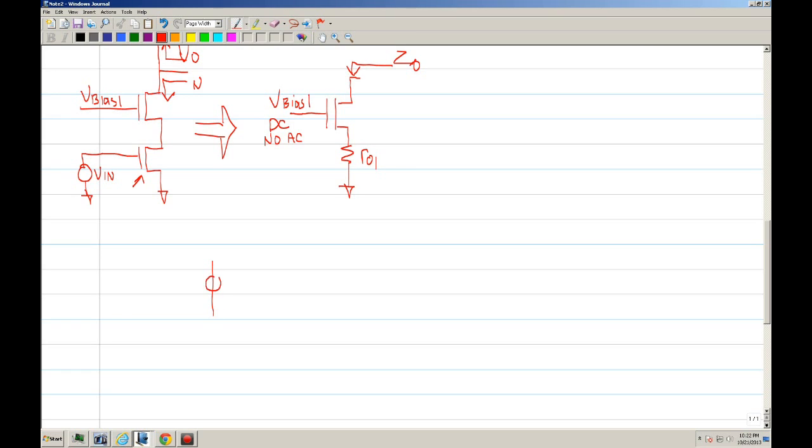Okay, so the bias is shorted, and you'll have a VGS. You'll have a RO1. This is the output resistance of the first MOSFET.